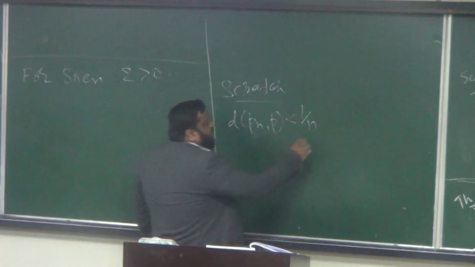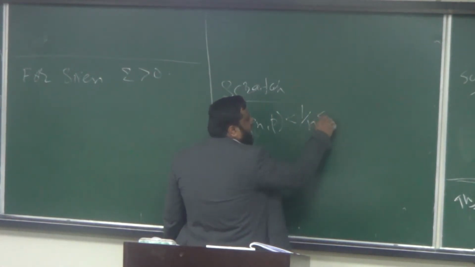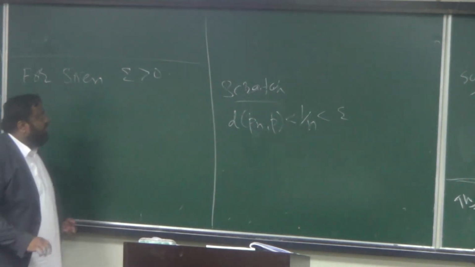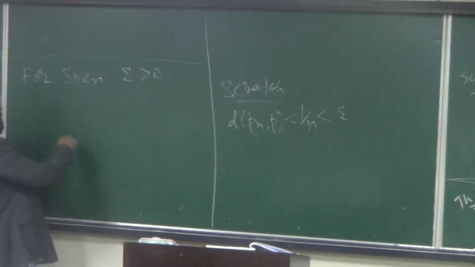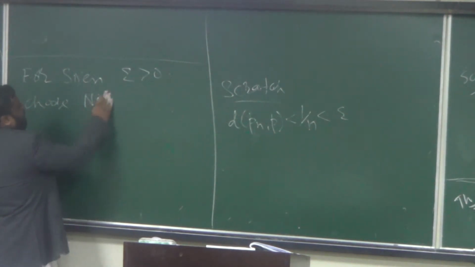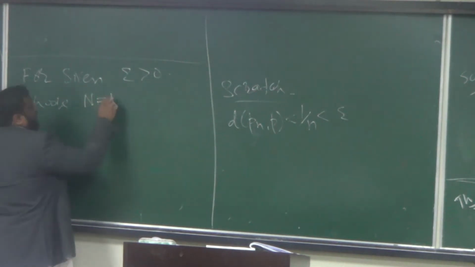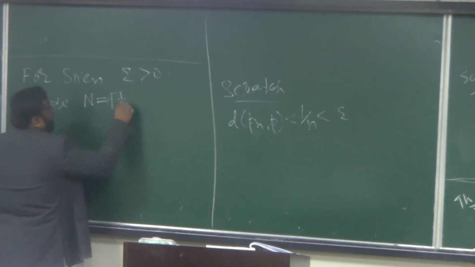And what I want is for this to be smaller than epsilon. So what should I choose? I will say choose N to be the ceiling of 1 over epsilon, plus 1.